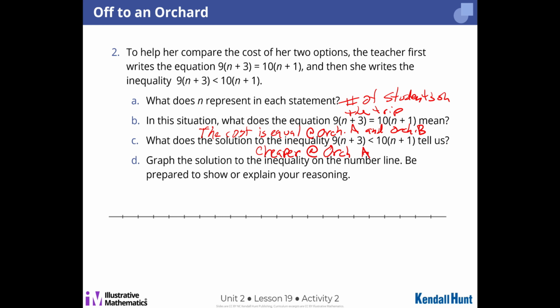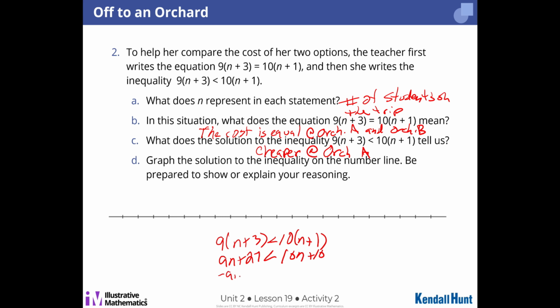Graph the solutions of the inequality on the number line. Be prepared to show or explain your reasoning. So, if we try to solve this, and we'll do some more of this in our next lesson, 9n plus 27 is less than 10n plus 10.